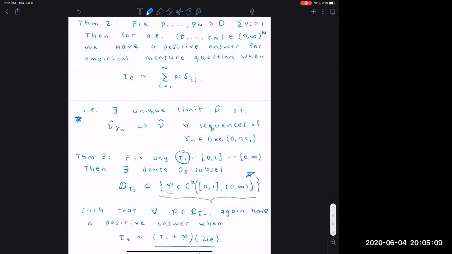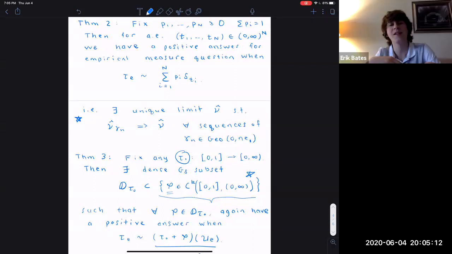But I can't do that because I don't have a nice statistic to measure in the same way that I have the time constant measuring the value of the geodesic, the passage time.